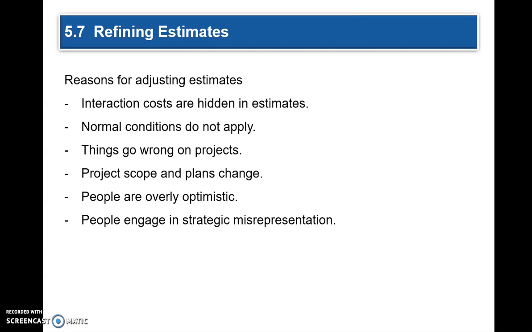One is if interaction costs are hidden in estimates, if normal conditions do not apply, if things go wrong on projects, if the project scope changes or the project plans change, if the project manager or anybody higher up in the ranks, like management, is overly optimistic, and if people engage in strategic misrepresentation, then you need to adjust the estimates as well.